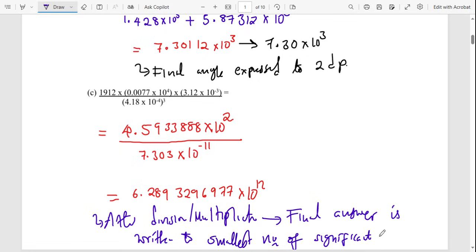So it's no longer about decimal places, but about significant figures. So that's what you need to know.